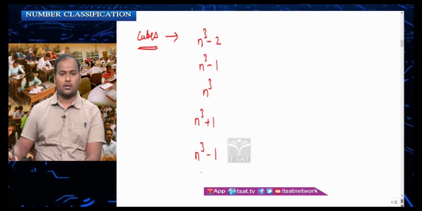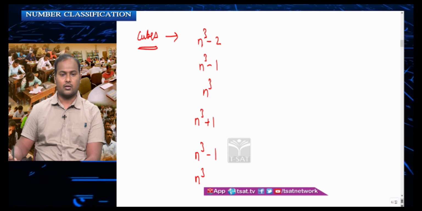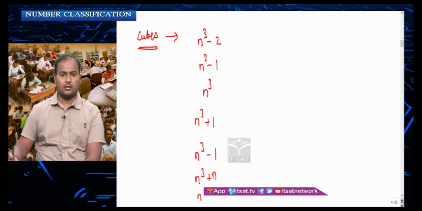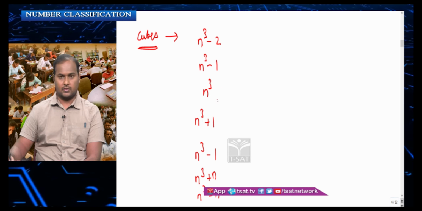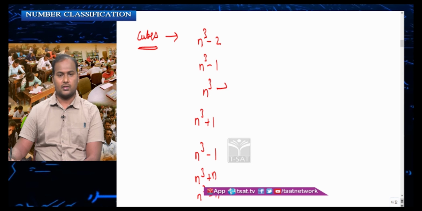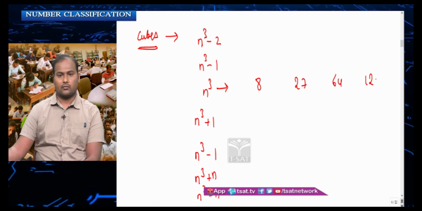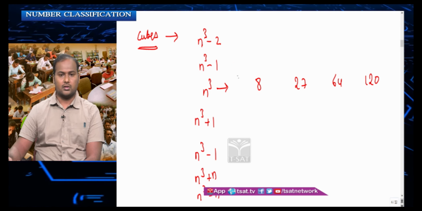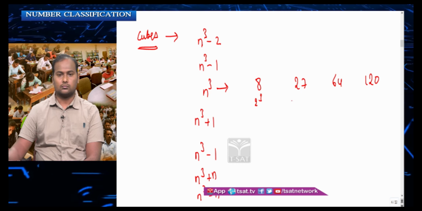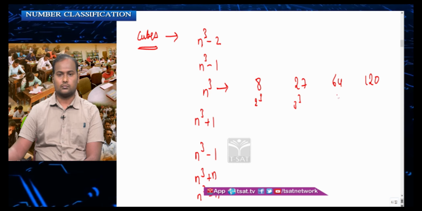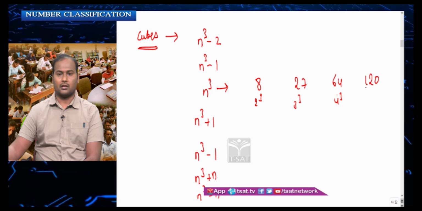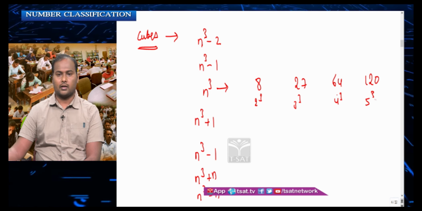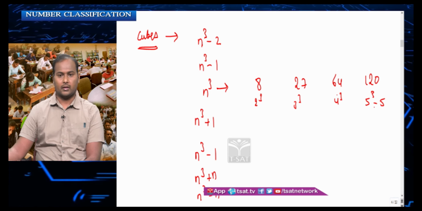And the most important of all is n cube plus n and n cube minus n. For example, if the question is based on n cube and looks like this, then directly you know we can write it as 2 cube, 3 cube, 4 cube. But if you see 120, we can write it as 5 cube minus 5.